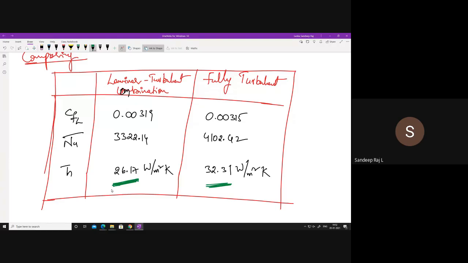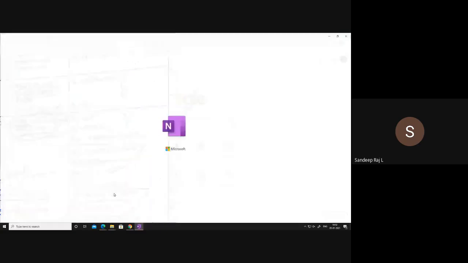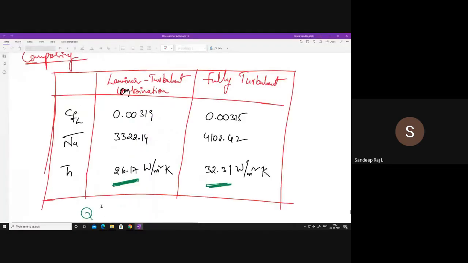If your H estimation is missing, your Q estimation also will miss. Ultimately, why do you want to find out the H? Because Q is equal to H into A into delta T.